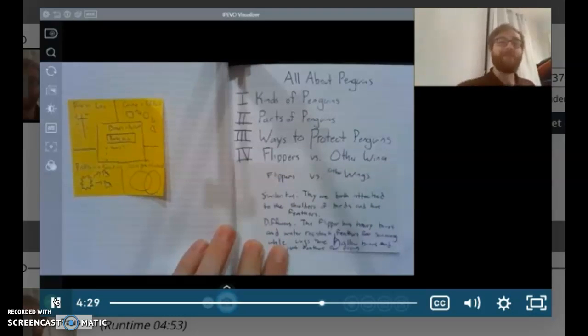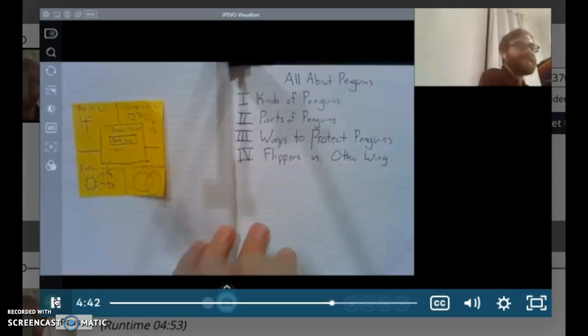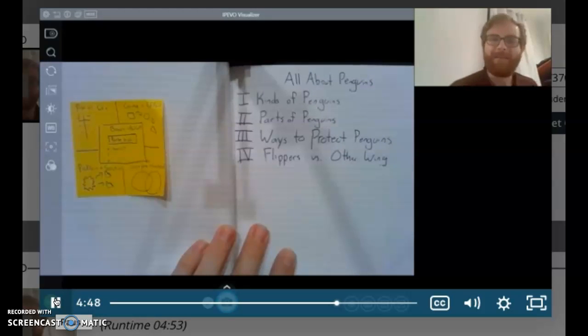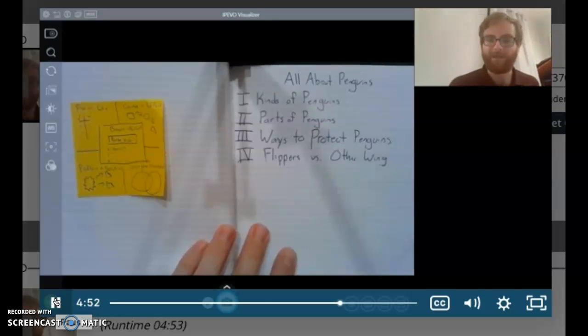Flippers have heavy bones and their feathers are different, even though they have them, so that they're good for swimming. While wings have hollow bones and lighter feathers and they're good for flying. Friends, we can use these different text structures to not only help us reimagine how our chapters might go to make them even more creative, but also to help us add more chapters.